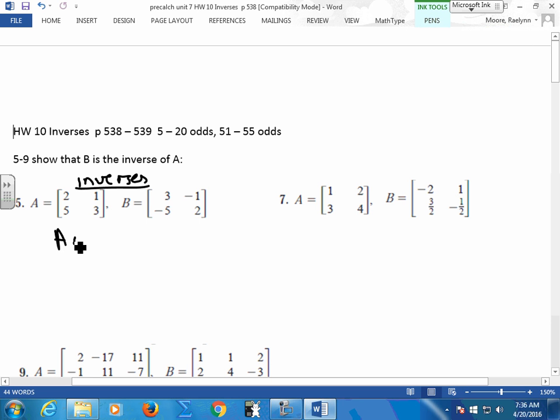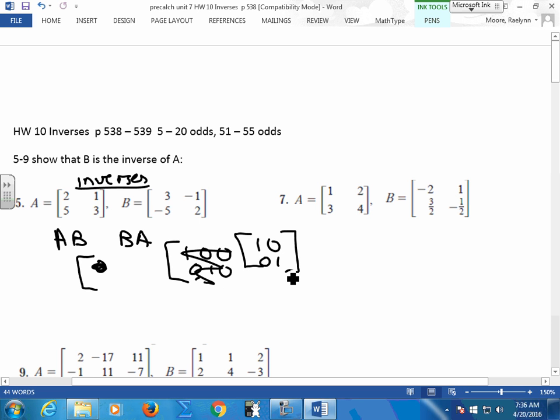A times B, and B times A, and they both would give you the identity matrix. They both have to give you the identity.